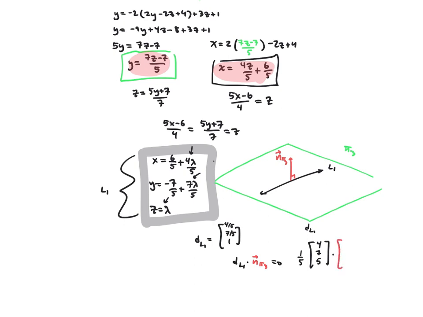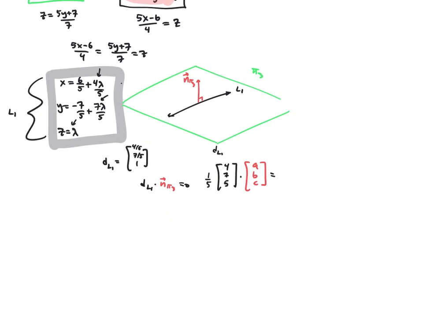The normal vector from pi 3 is just a, b, and c. We don't know those values yet. The 1/5 becomes irrelevant. All I want is that 4 times a plus 7 times b plus 5 times c equals 0 in order for this to be true.